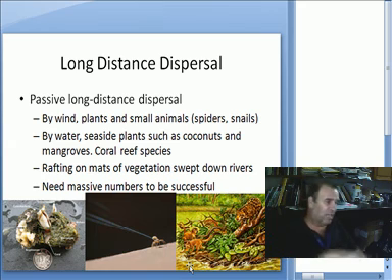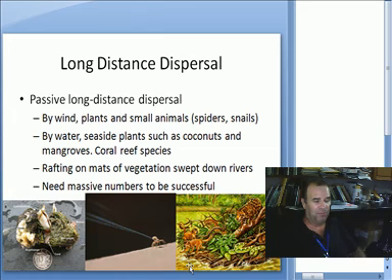The tree was carried down the river and out to sea, along with the rats and whatever else was in it. They survived until the tree washed up on an island somewhere, and they could run off and colonize the island. So rafting is thought to be important as well.